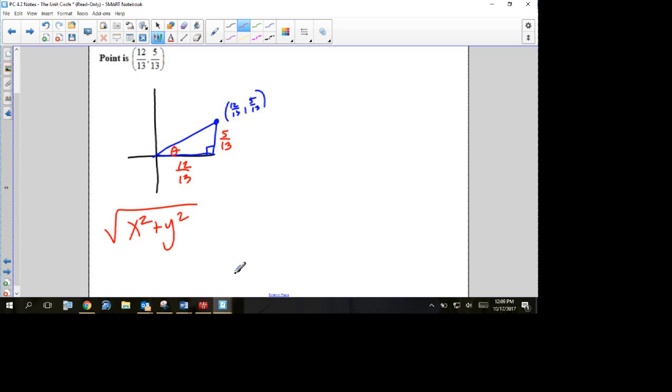The hypotenuse should be 13, but this has a shrink on it. What's my hypotenuse going to be if my sides are 5 and 12, but now they're 5/13 and 12/13? What's my hypotenuse going to be following that pattern? It should be 1, 13/13, right? Or if you did your Pythagorean theorem, you still get 1.